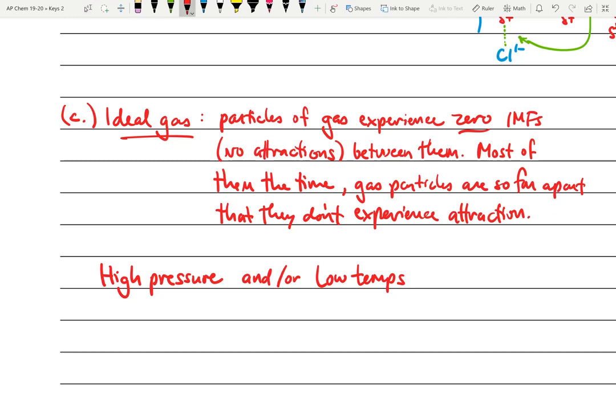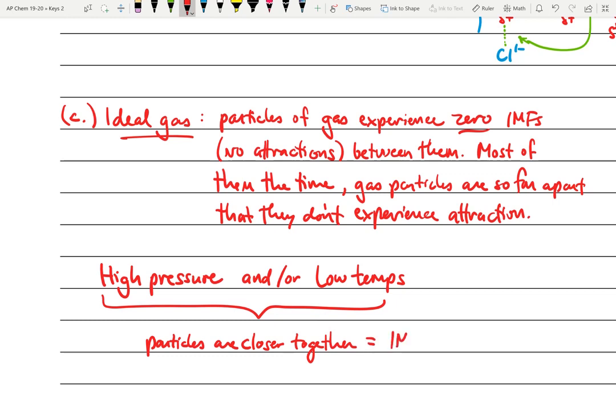And pretty soon, with high pressure or low temperature, the particles are getting very close together by comparison. And when the particles are closer together, the intermolecular forces start to matter. IMFs start to add up. They start to matter more. It gives those electron clouds a greater opportunity to interact with each other.